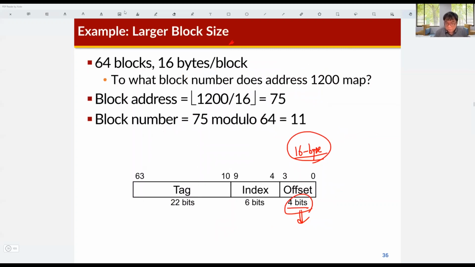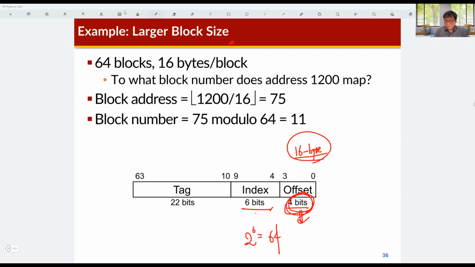So in this cache example, the index part has 6 bits. So how many entries are in this cache? 2 to the 6, it's 64, right? So what is the size of the cache?